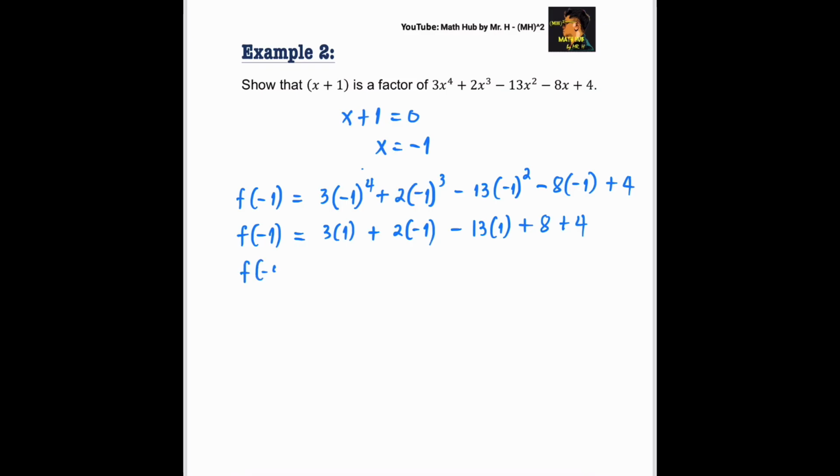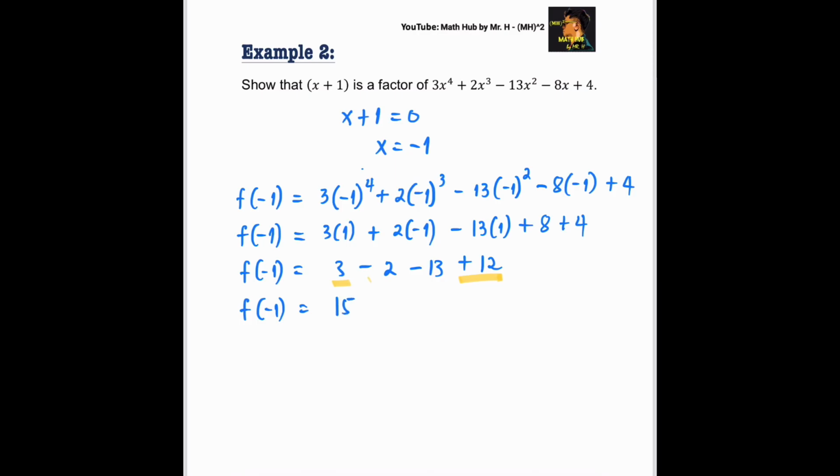So f of negative 1: 3 minus 2 minus 13, 8 plus 4 is 12. So we have two positives here, positive 3 and positive 12. We put them together, it's going to give us positive 15.